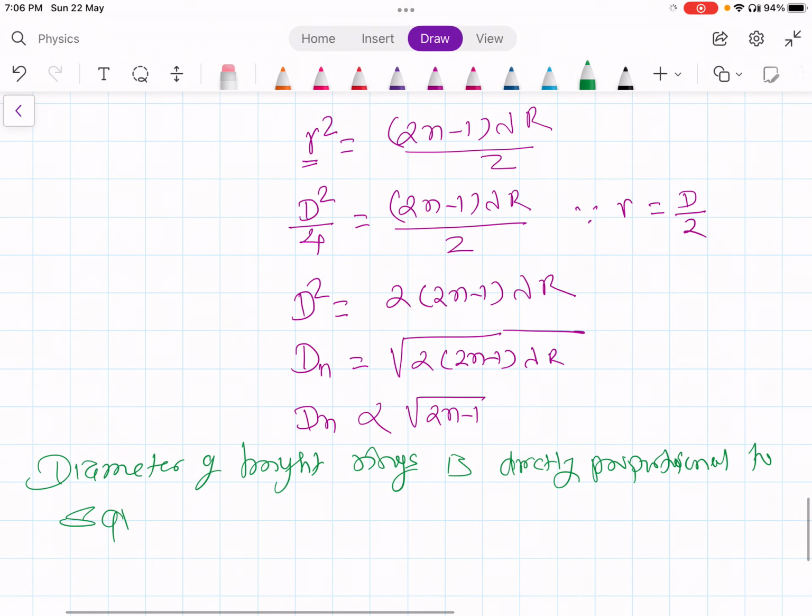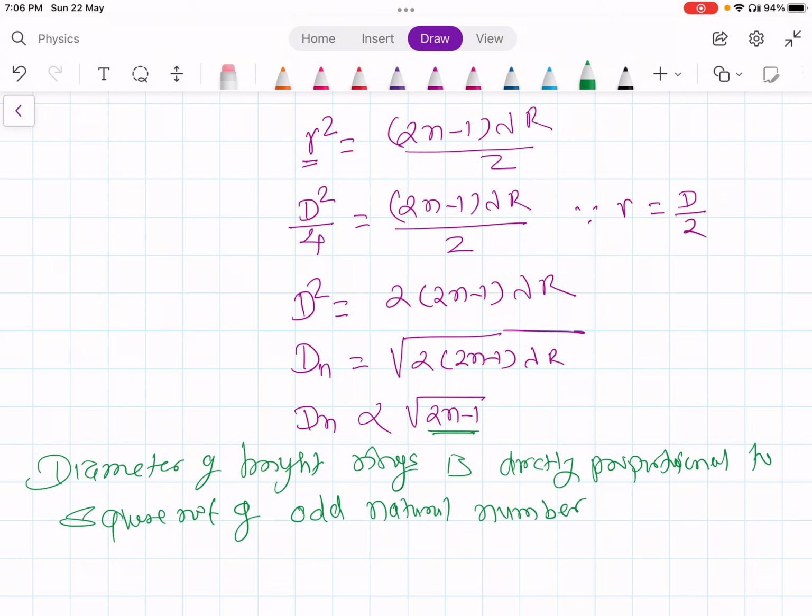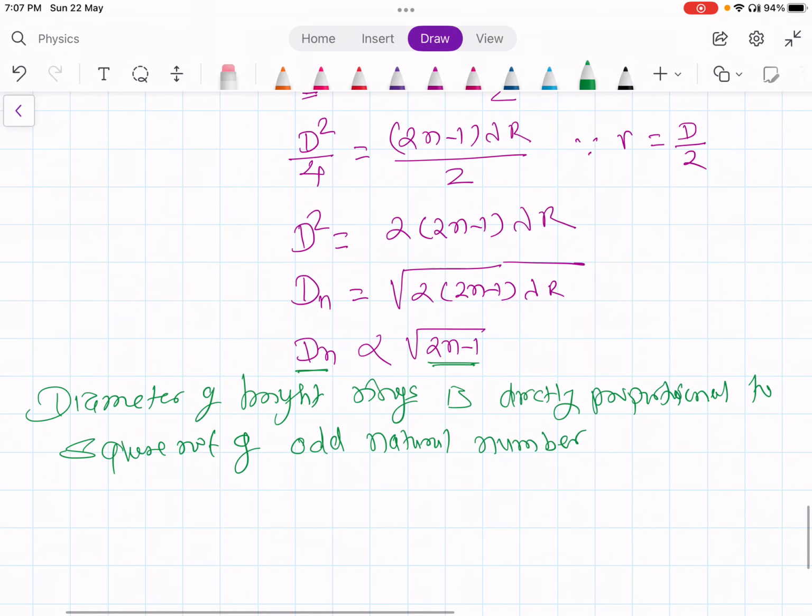This 2n minus 1 is an odd natural number. So we can write that the diameter of the bright rings is directly proportional to square root of odd natural numbers. That's what we have proved here.